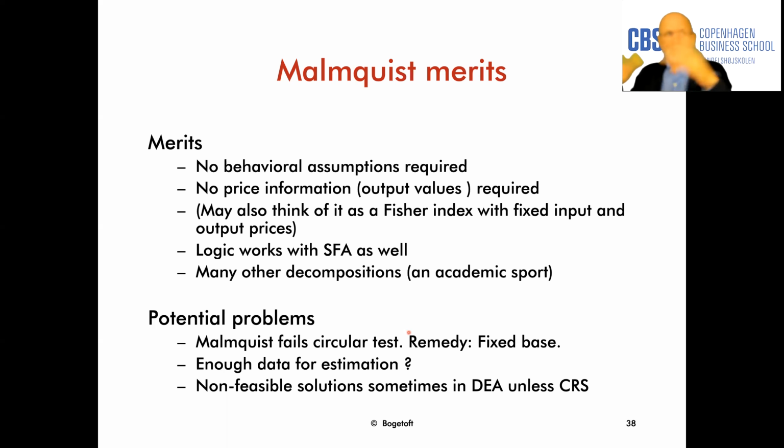It can fall outside that technology, and therefore some people will tend to just assume constant return to scale when they do these decompositions. But in many cases, it also works perfectly fine with the other ones. So I'm not so strict on that point.